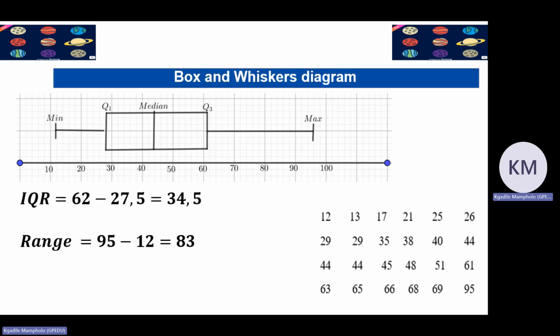We know that the range, you learned about it from grade 9. Now, in grade 10, they will ask learners to determine the semi-interquartile range. Semi-interquartile range is half of the interquartile range. So semi-interquartile range in this case will be 34,5 divided by 2.